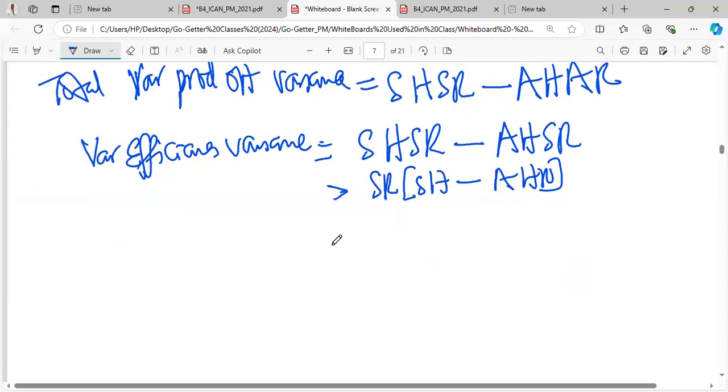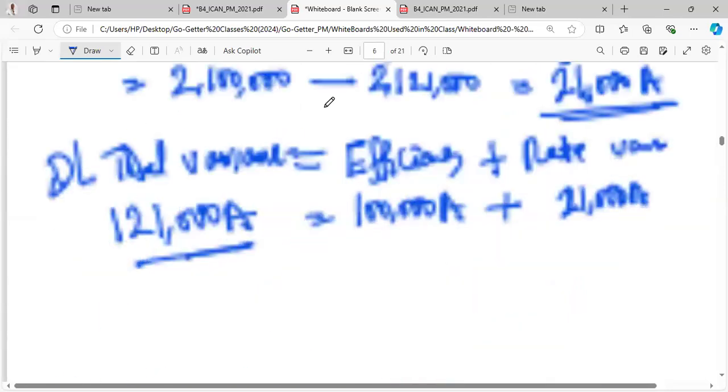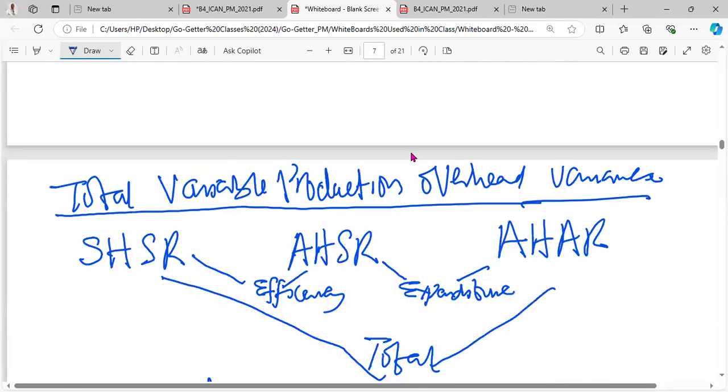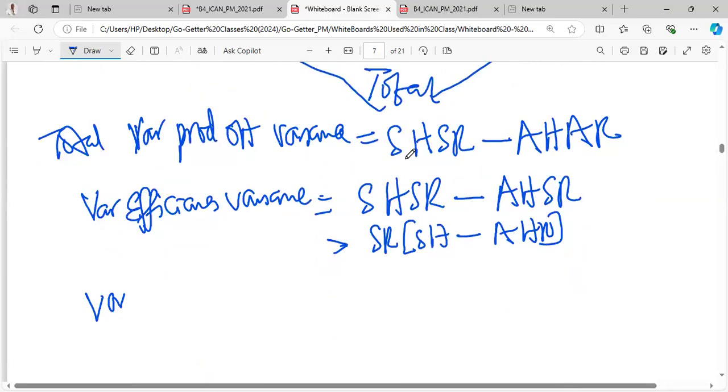Then if you want to do variable, what am I doing? Wow, this is not where I should have been doing that. Okay, I will come back.